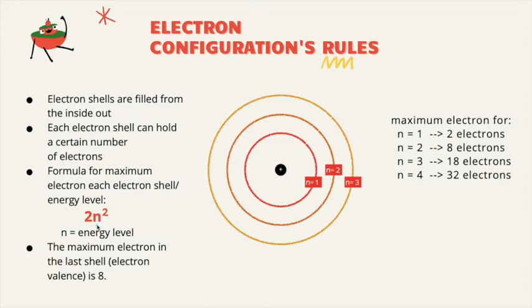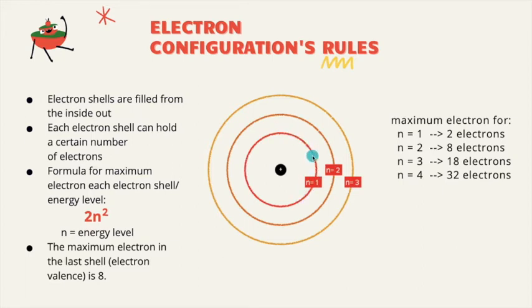If we put in n equals 1, it means 2 times 1 squared, 2 dikali 1 kuadrat, hasilnya 2. So the maximum number of electrons for the first shell is 2. Kulit ini hanya bisa berisi 2 elektron saja.